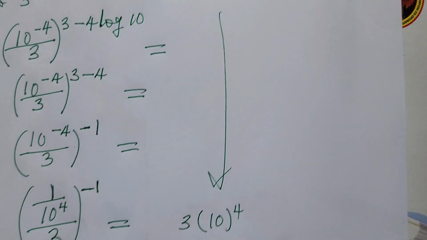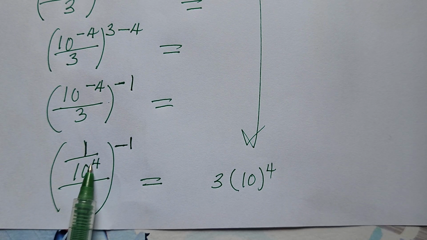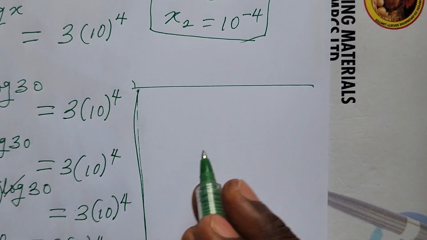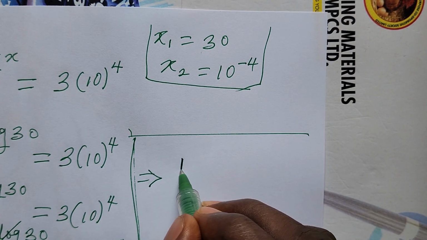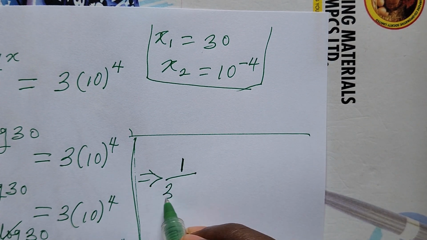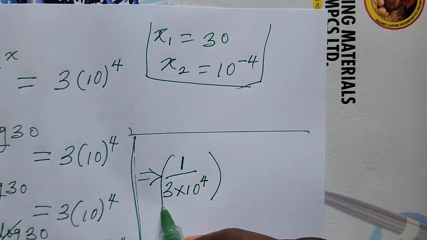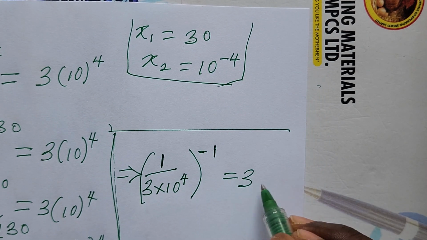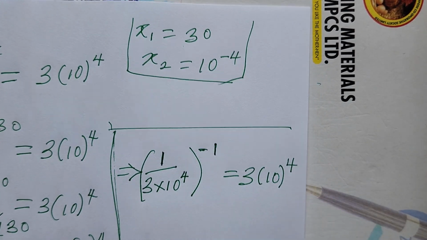Now look at what we have. This will come to meet this denominator here. So this now implies that 1 all over 3 times 10 to the power of 4, all raised to the power of minus 1, is equal to 3 into 10 all raised to the power of 4.